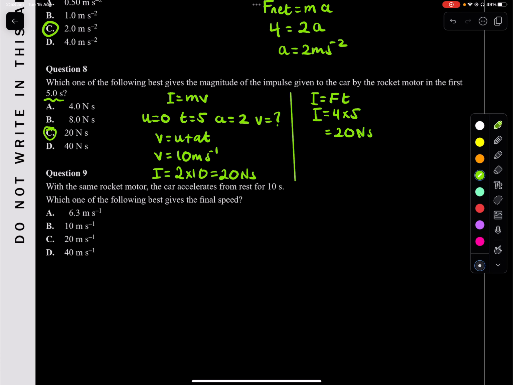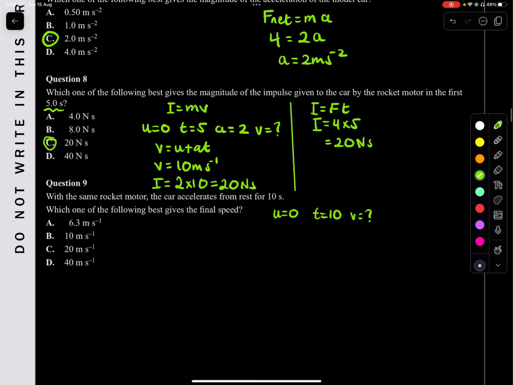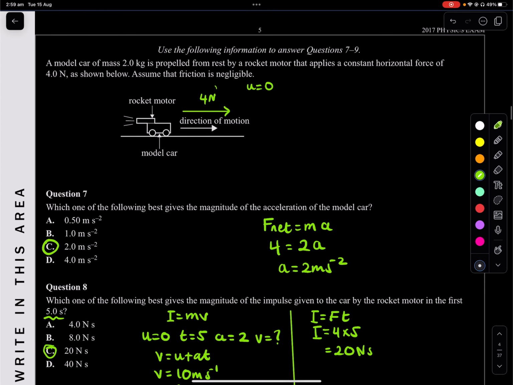Question 9. With the same rocket motor, the car accelerates from rest, so from u equals 0, for 10 seconds, so t equals 10. Which of the following gives the final speed, so our final velocity? Because it uses the same rocket motor, we're still applying that 4 newton force, so our acceleration will be the same.